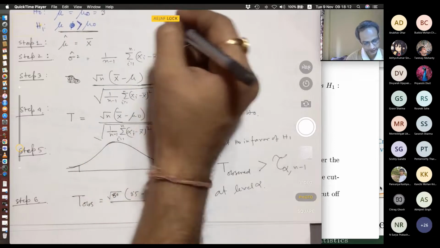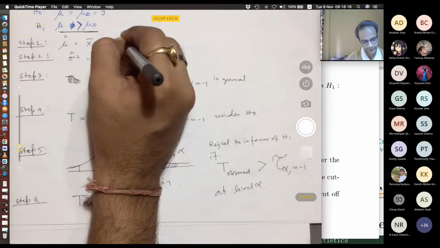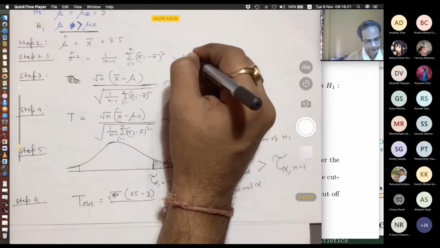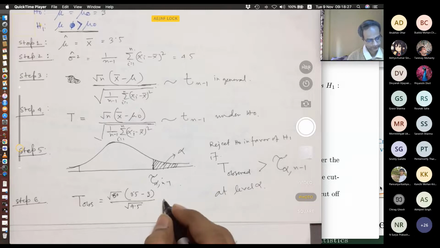Sigma square hat, let us say, maybe 4.5 estimated. So square root of 4.5. So now can you please tell me what will be the value?